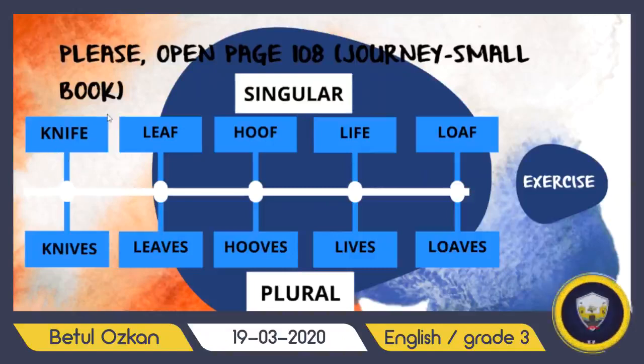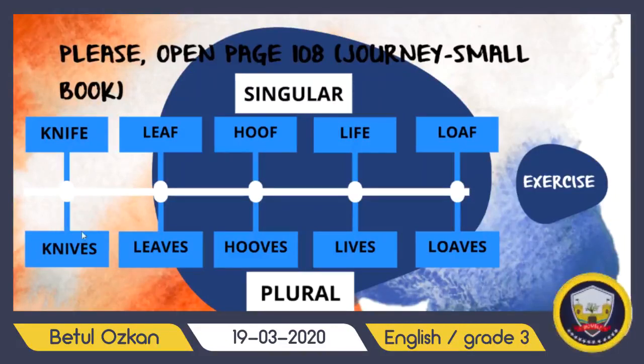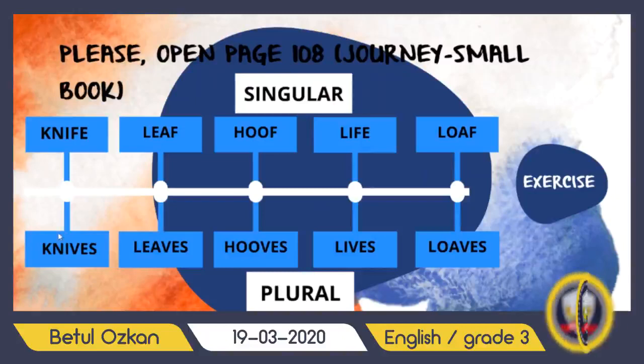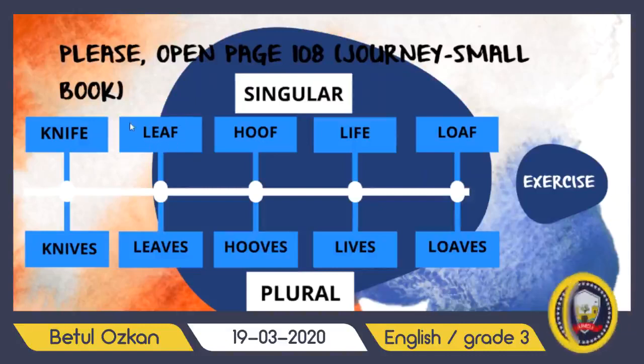So let's talk about knife in your book. Knife is my singular. There is only one knife, a knife. But if there are more than one knife, I'll say knives. It will be changed. Knives. Instead of f, I'll put v here. So leaf.